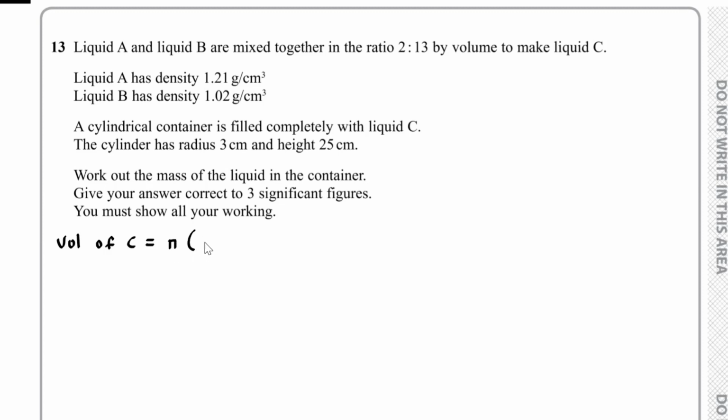So we've got pi times 3 squared, the radius is 3, times the height, which is 25. So it turns out here we get 225 pi centimeters cubed.